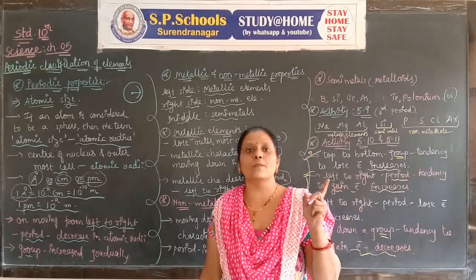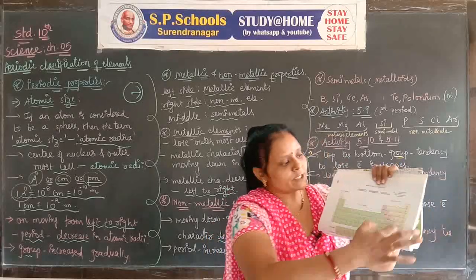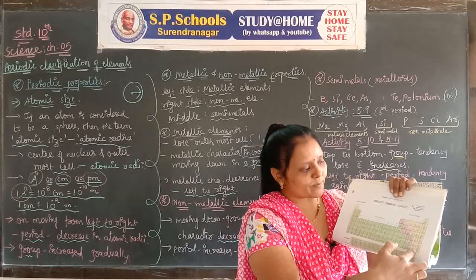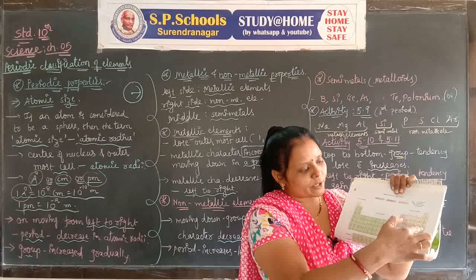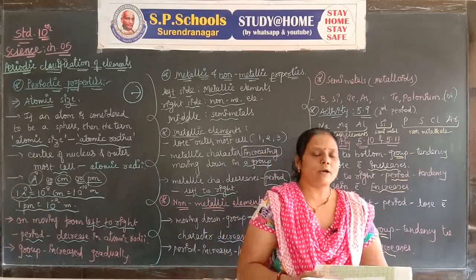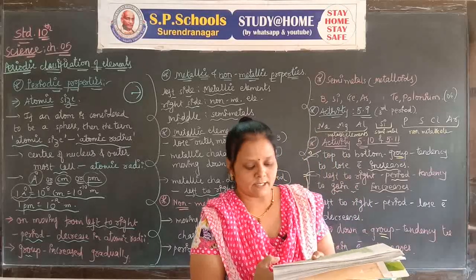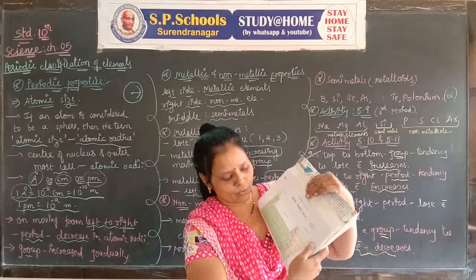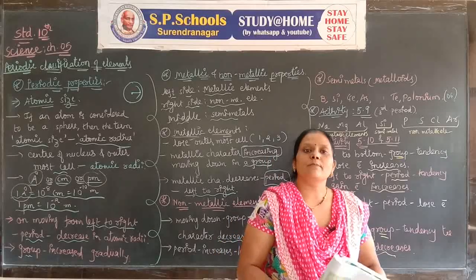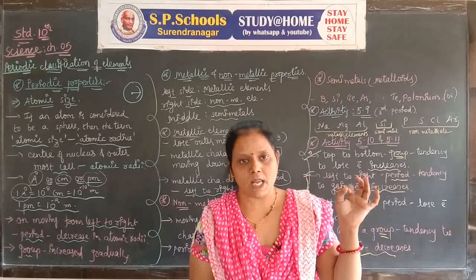In the case of noble gases, they can be arranged in a separate group. In group 18, noble gases are present: helium, neon, argon, krypton, xenon, and radon. They occur in group 18 as separate noble gases.